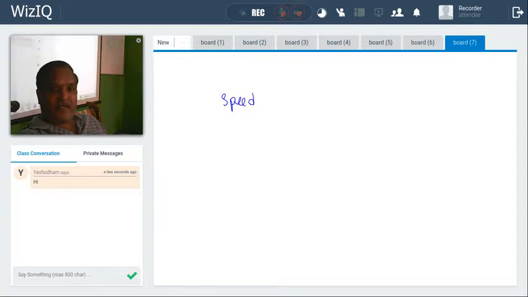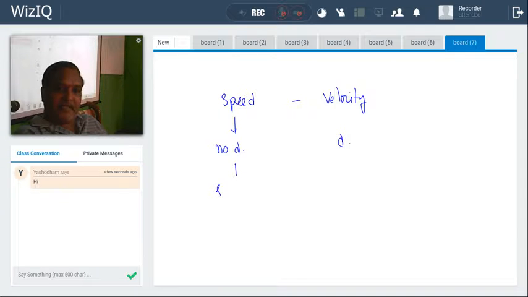So here again two quantities are there, speed and velocity. Both are the same, but speed has no direction and velocity has a direction. You can call speed a scalar quantity and velocity a vector quantity.